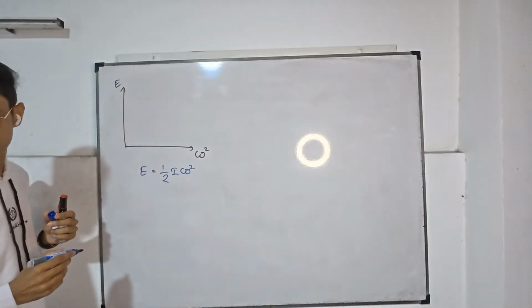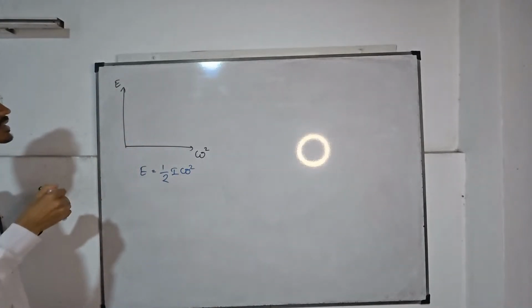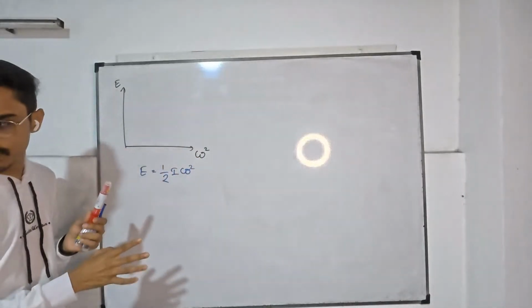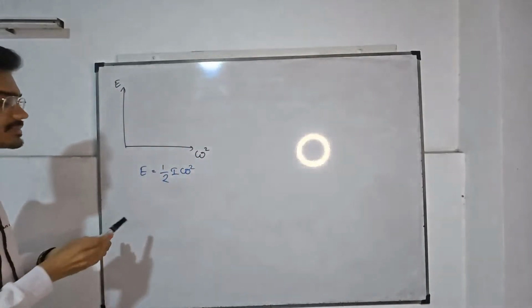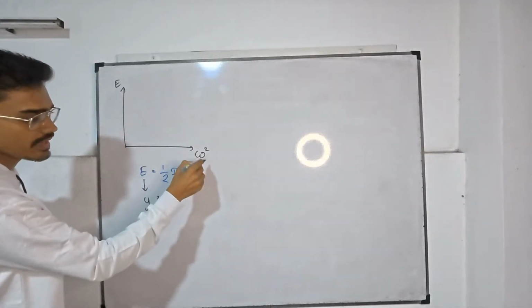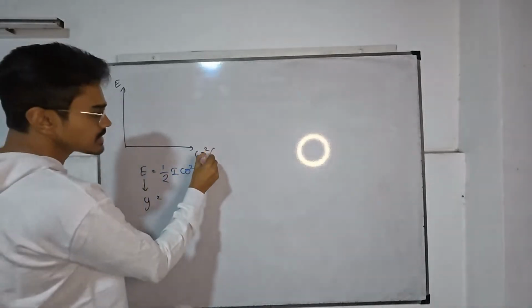My y-axis is already decided, this is my y-axis, this is my x-axis. So I'm going to identify the terms here itself. E is acting as y, and omega squared is x. This whole term omega squared is x.